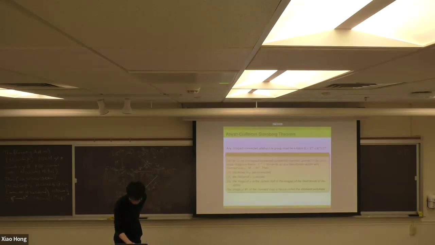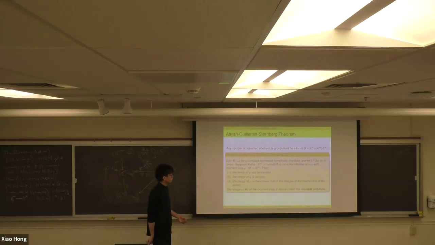Then the second theorem, the Atiyah-Guillemin-Sternberg theorem. So we recall from our Lie theory course that every compact connected abelian group is a torus of some dimension. And the Atiyah-Guillemin-Sternberg theorem says if we are given such a group and a compact connected symplectic manifold with Hamiltonian G-space structure, then there will be three consequences.